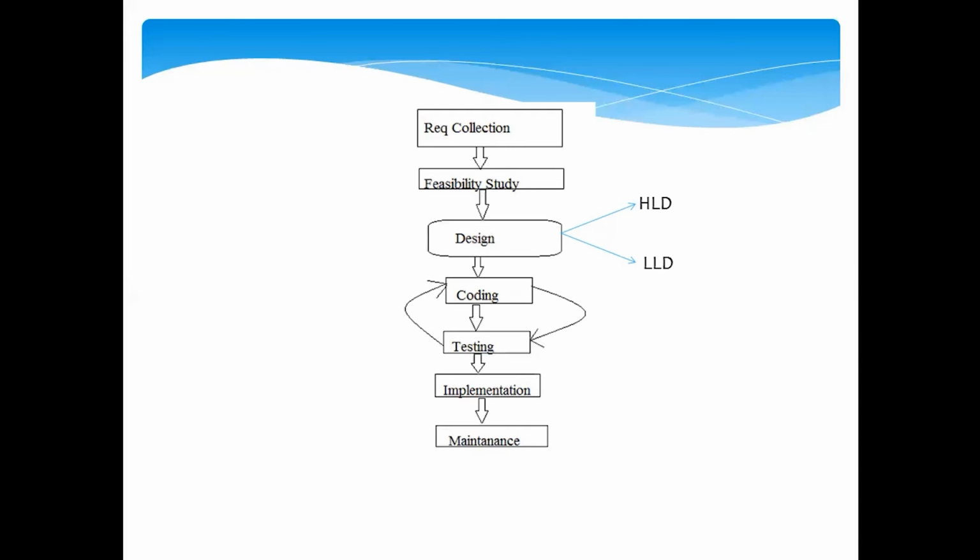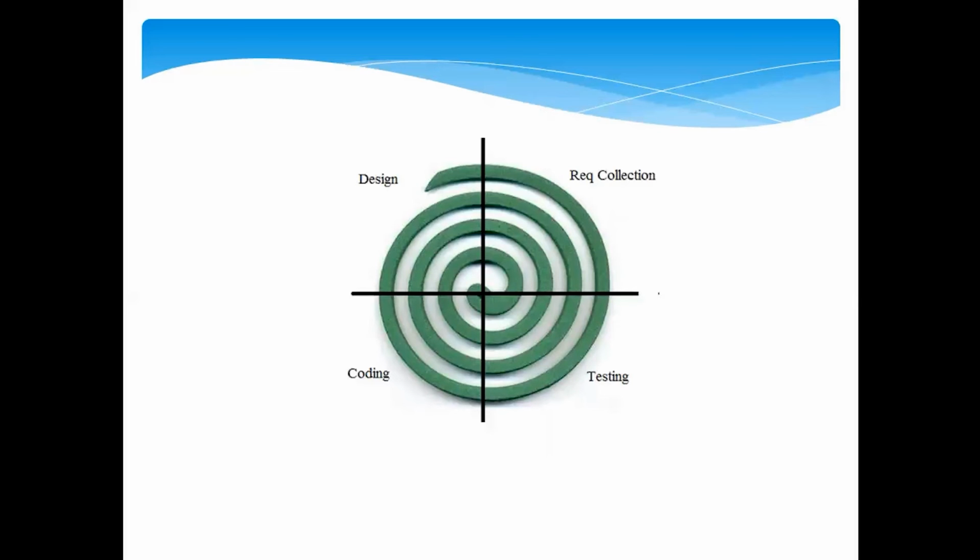Okay, and the next thing I'm going to explain to you is the spiral model. In this second model, since we have some disadvantages in the waterfall model, we moved into the next model, that is the spiral model here. The same things are there: requirement collection, design, coding, and testing.